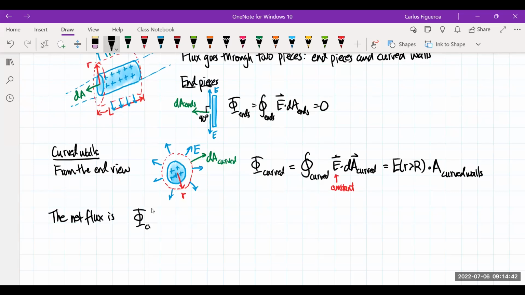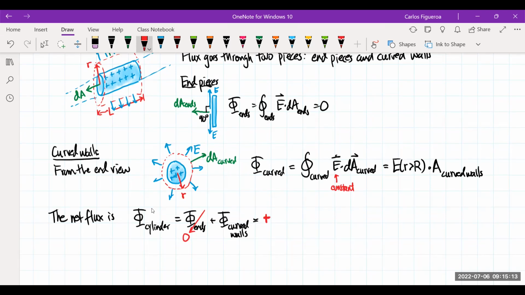So the flux of the cylinder has a flux of the ends plus the flux of the curved walls. But we already saw that these are perpendicular, so therefore they're zero. And then here, because they're parallel, there's a plus sign between E and dA.